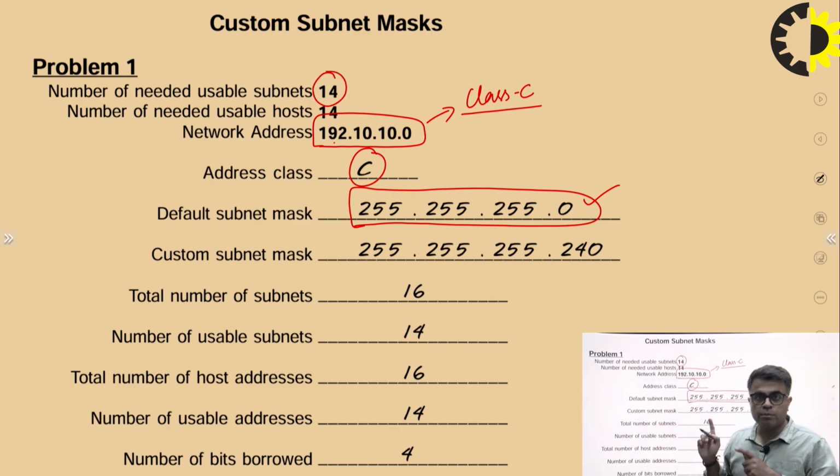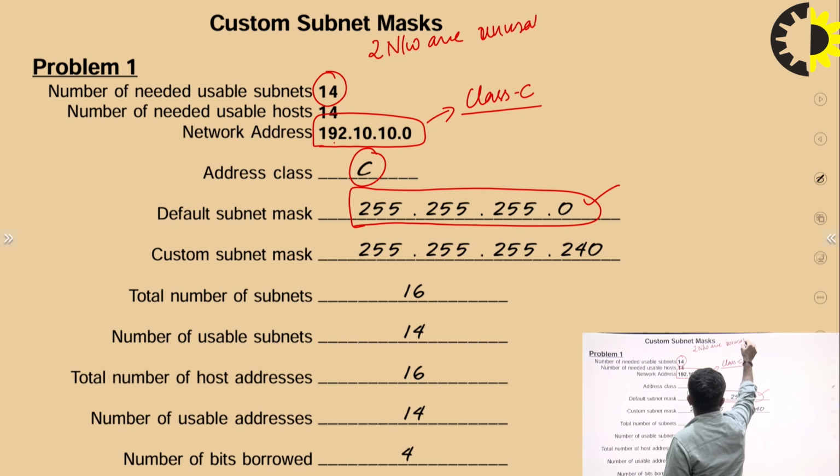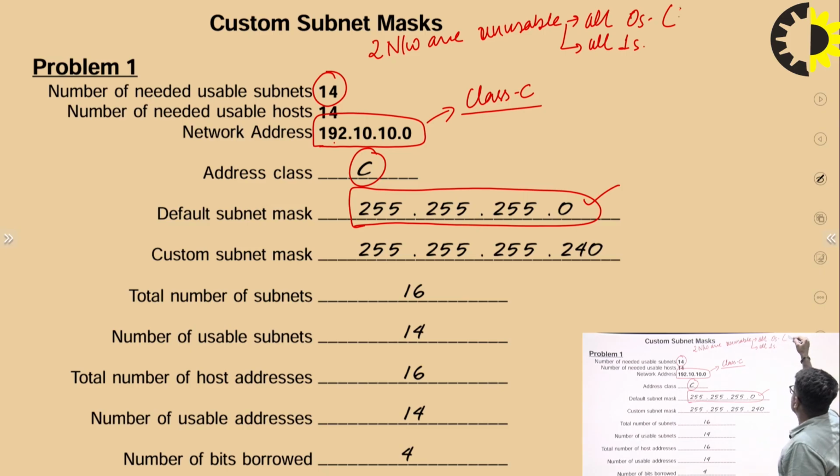By mentioning usable subnets here, we know that 2 networks are unusable, all zeros and all ones, because this is the network itself and this is for broadcast.